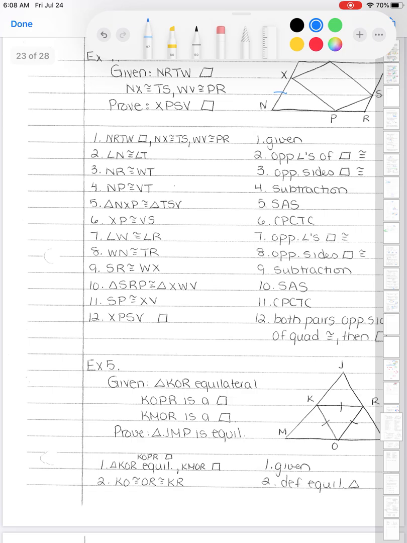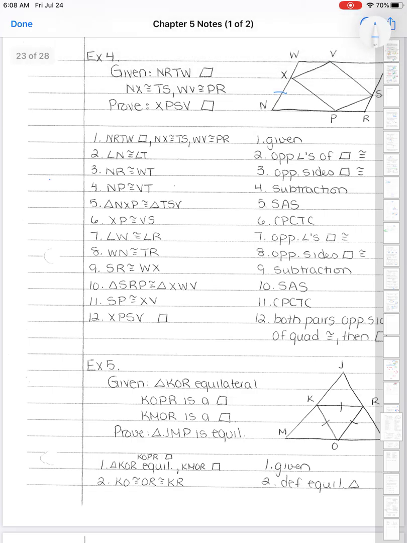All right, let's keep going with practice problems here. All right, so given NRTW, so the bigger figure's a parallelogram, NX and TS are congruent to each other. I have to move the figure. Let's see.